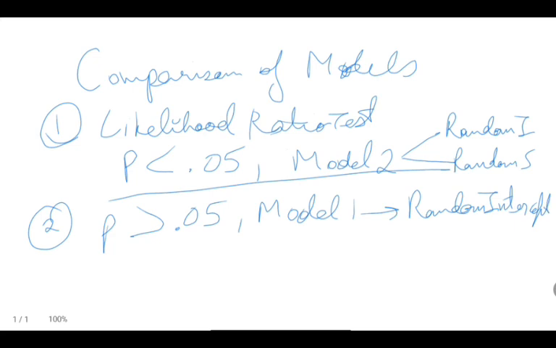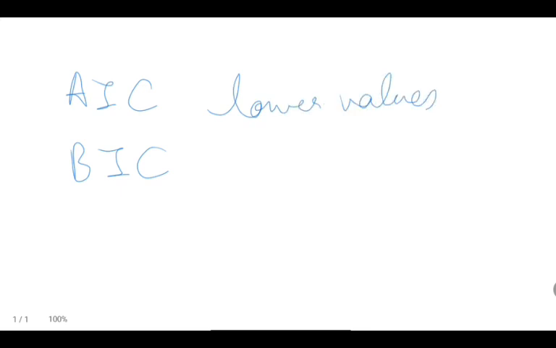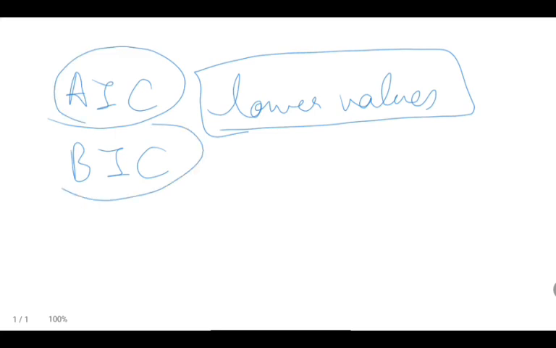Now, the second criterion of comparison is checking the AIC and BIC values. So what is that? Akaike information criterion and Bayesian information criterion. We are looking for the lower values. So in model 1 or model 2, wherever we find the lower values of AIC and BIC, we pick that model and we say that that model fits the data well.